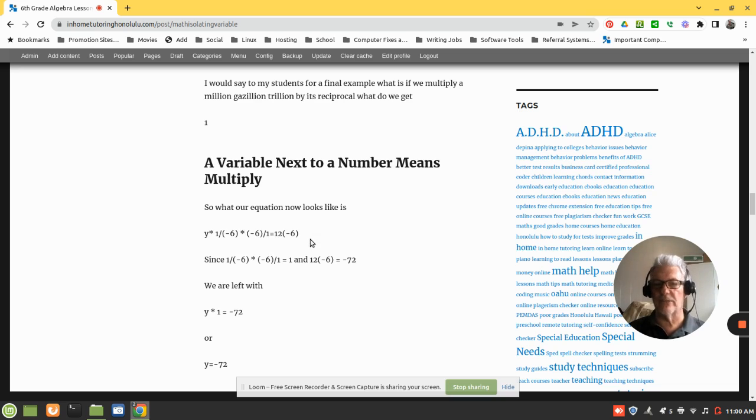It sounds confusing when I say it, but just look at it. Very, very clear when you look at it. Remember that asterisk is a multiplication sign.